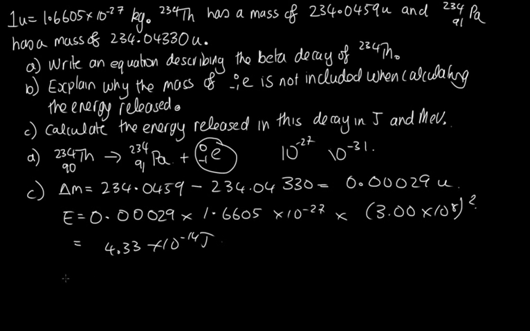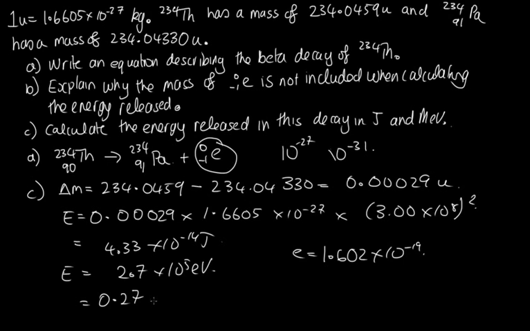And then if we want to convert it into electron volts, we have to divide it by 1e, which is 1.602 times 10 to the minus 19. So this gives us the energy in electron volts of 2.7 times 10 to the 5 electron volts, which we can write as 0.27 mega electron volts. And so you can see this is a bit smaller than the energy released in an alpha decay.